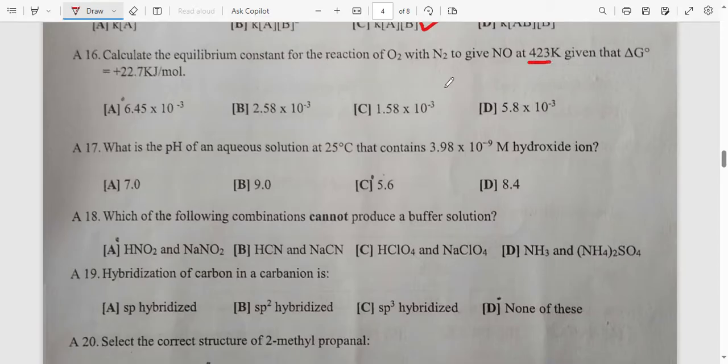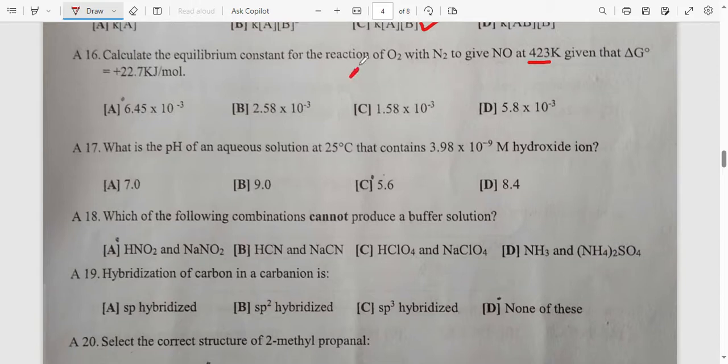We've also been given the temperature and delta G. So what we want to find out is the relationship between delta G, temperature, and equilibrium constant. Do you know the relationship? Anyone? Nothing?